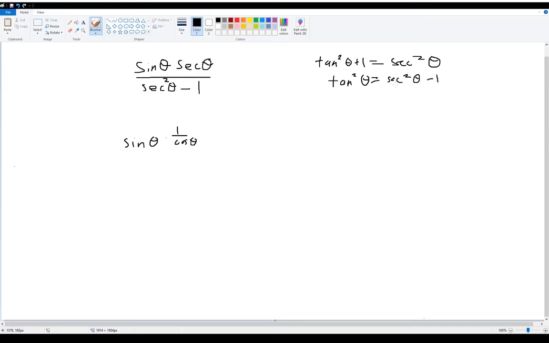So we're left with secant squared theta minus 1 is equal to tangent squared theta, meaning we can rewrite the denominator as tangent squared theta.